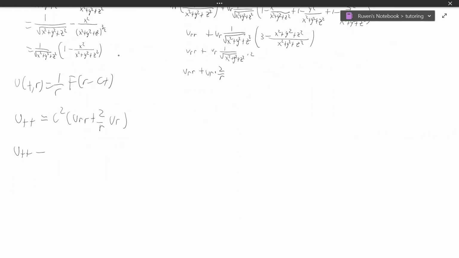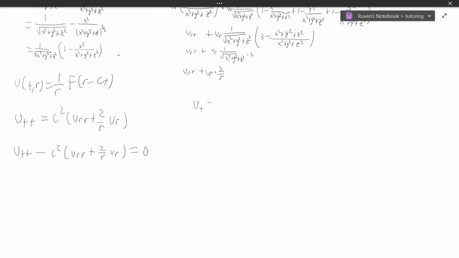So it's going to be u_tt minus c squared times U_RR plus 2 over r U_R equals 0, right? So now the function that we have over here is 1 over r f of r minus ct. So what we're going to do is look at our derivatives, or partial derivatives to be exact.